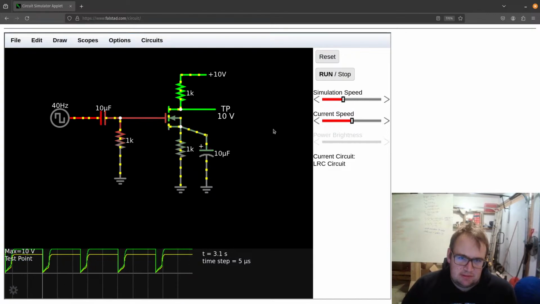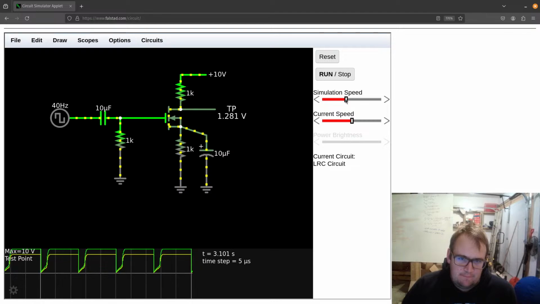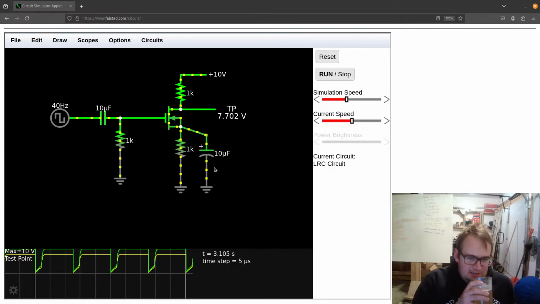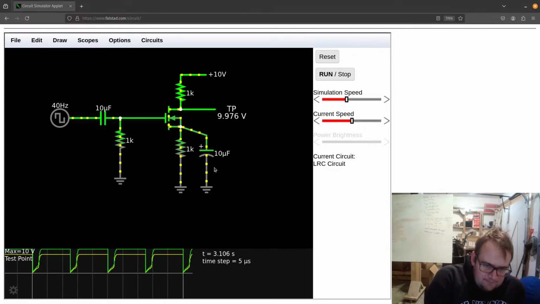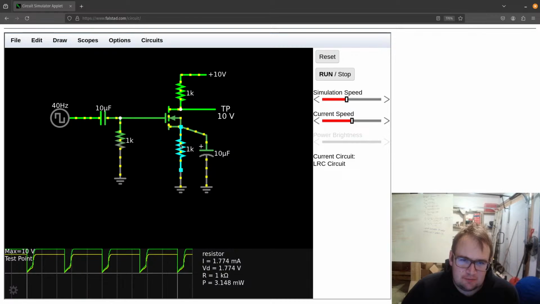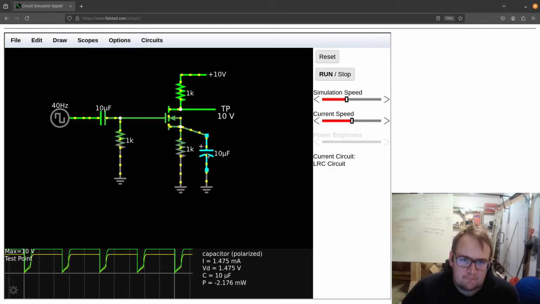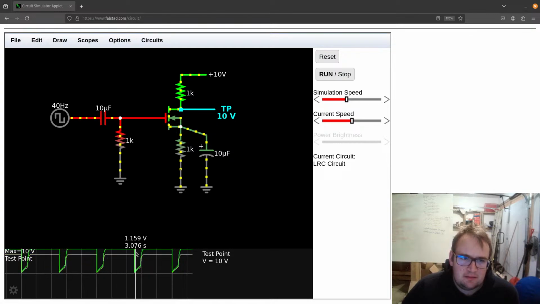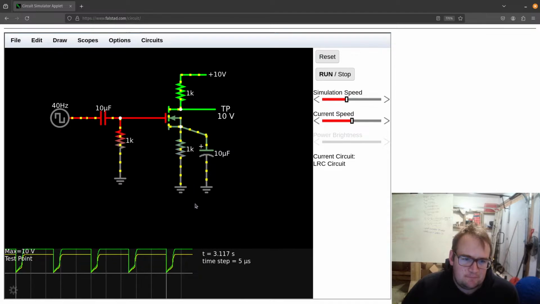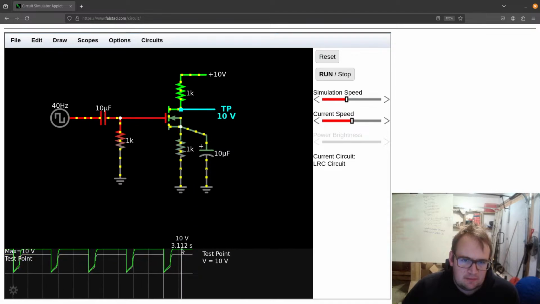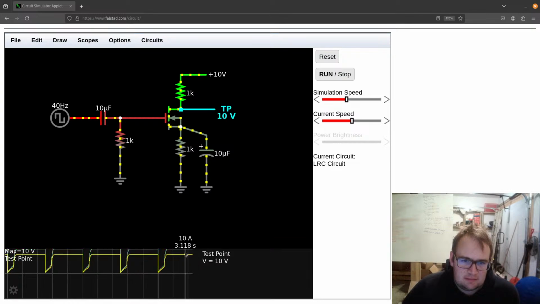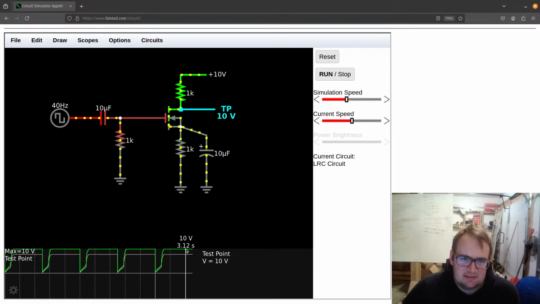Let's just slow down the simulation speed. We'll watch this for just a second. I just want to see how fast it goes. Yeah, so now this is discharging through here. But not very fast.